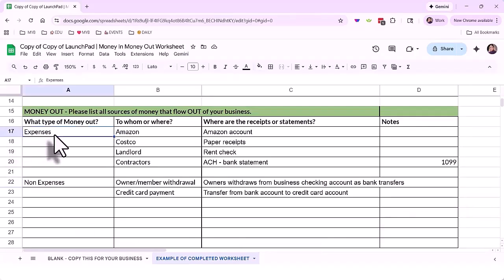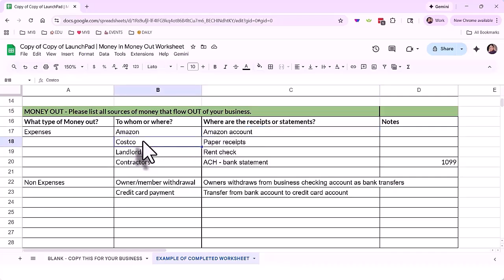For money out, as we shared already, there's expenses and there's non-expenses. Again, we're not focusing on every transaction, but we want to understand what money out flows through your business. So if you do several purchases through Amazon, we want you to start thinking about how you're going to be capturing those transactions. Do you have to go onto that Amazon account summary and separate those transactions?